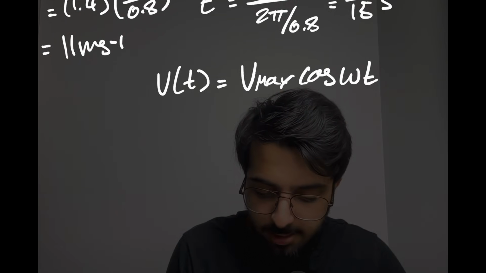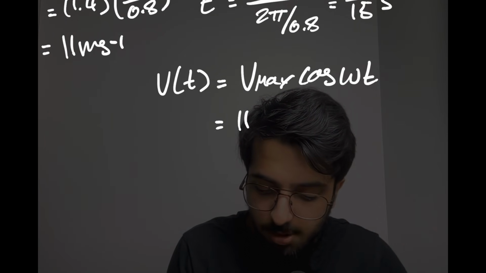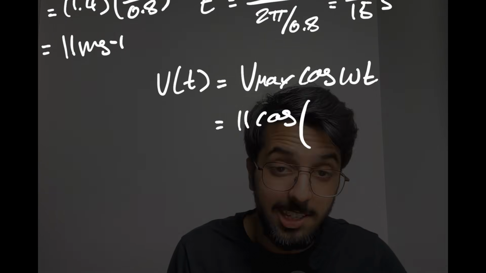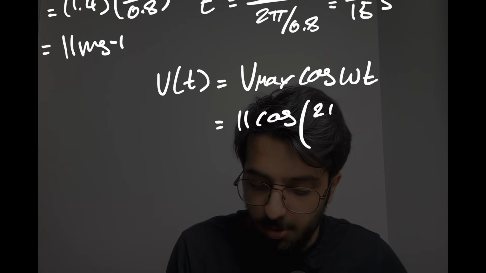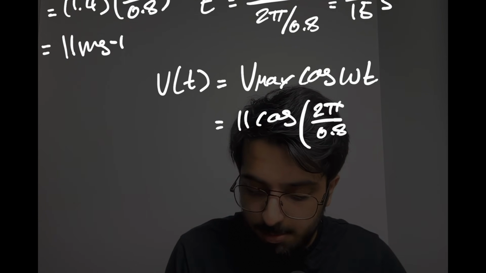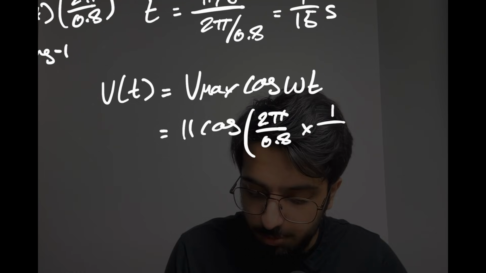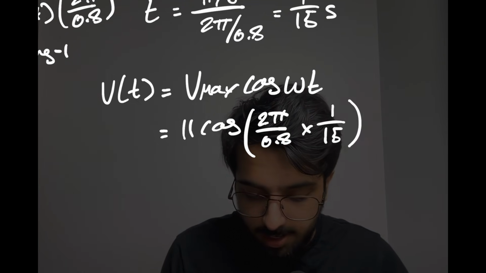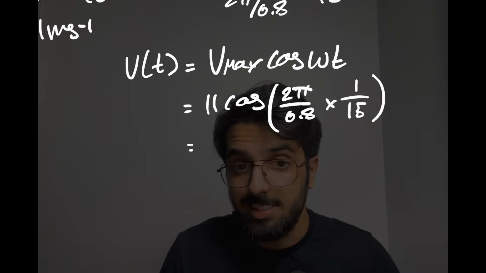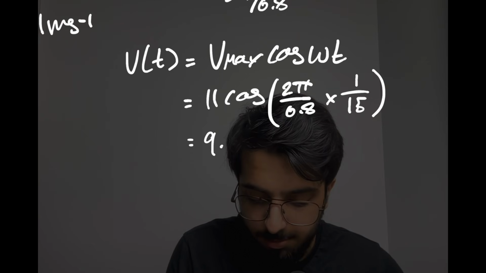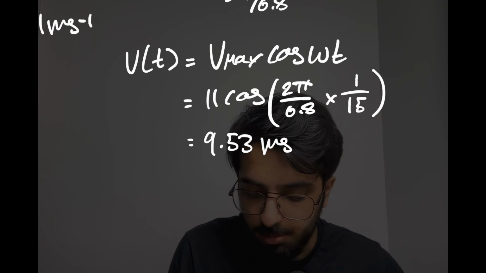And so we can plug that in: 11 times cos of 2 pi over 0.8 times our t, which is 1 over 15, and that gives us a velocity at time t of 9.53 meters per second.